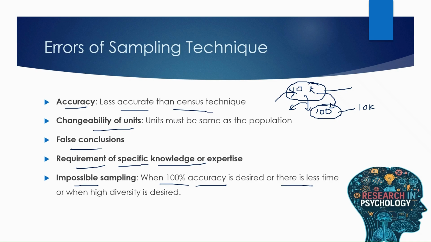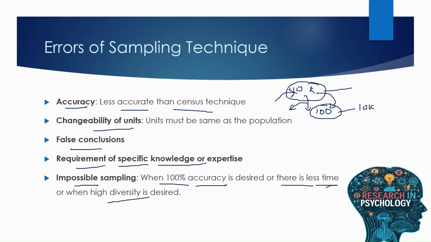Right? So in this case also, it's not possible to have a true sample from the population. Finally, when high diversity is desired, in that case also sampling is not possible, right? Because you have 10,000 different people, and you want all those different ideas or different outputs.